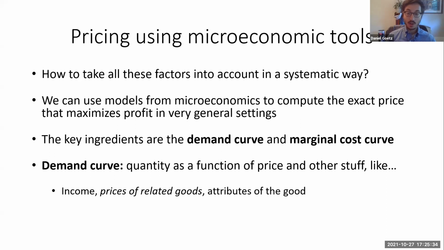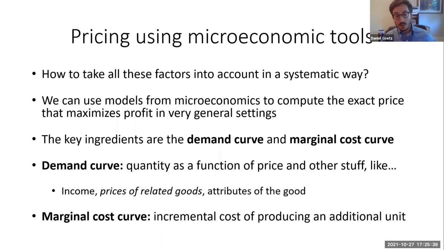Is it a hot day or not, like with Coke. The marginal cost curve is how much it costs you as a company to produce an additional unit. So if we want to do pricing really well, really precisely, we need these two things: quantity as a function of price, and the marginal cost curve.